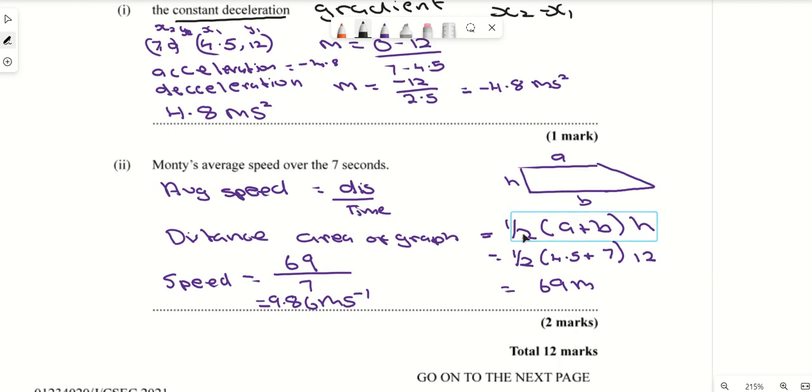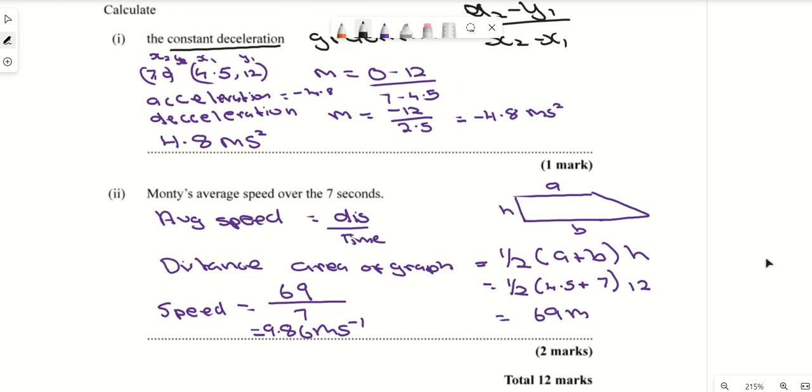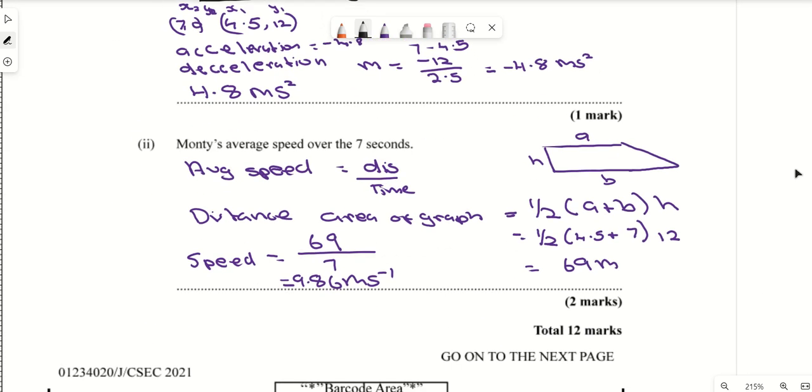You put it in this formula, a half open bracket A plus B by your height, and you get 69. Your speed is distance over time, which is 69 over 7, which is 9.86 meters per second, right? And that is the end of this question of January 2021.